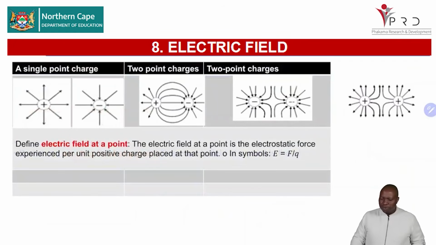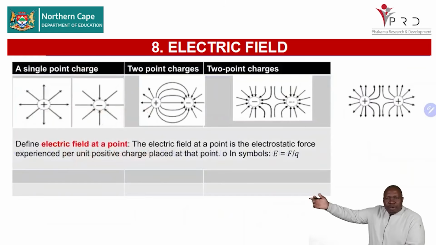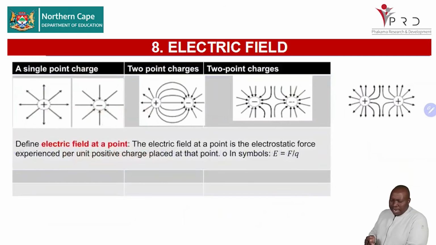Now, as promised, the electric field patterns. Remember what I said? You must know a single point charge. You must know for a positive, hence you see the arrows there are outward because we are bringing a positive test charge, and it will repel. But for a negative, as you bring the positive charge, it will be attracted, hence the arrows are going inside there.